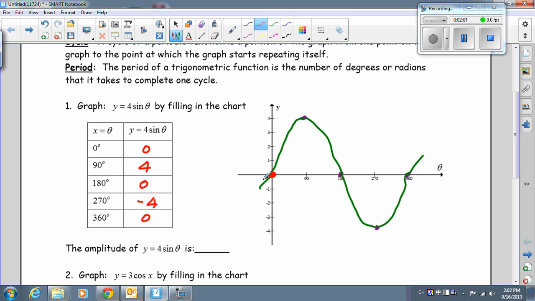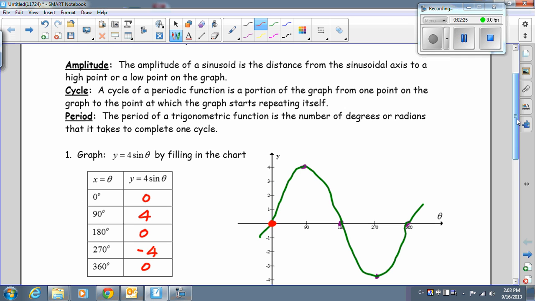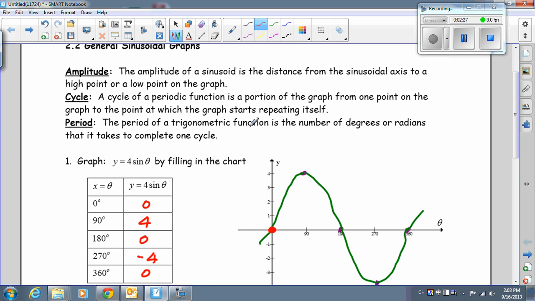Now, the amplitude of y equals 4 sine theta is 4. Why is the amplitude 4? The reason is that the definition of amplitude is the distance between the sinusoidal line and the highest or lowest point.